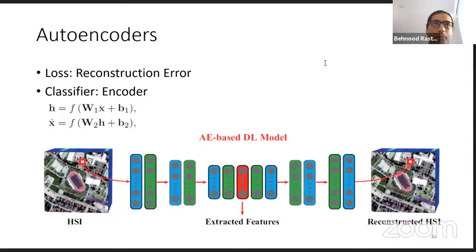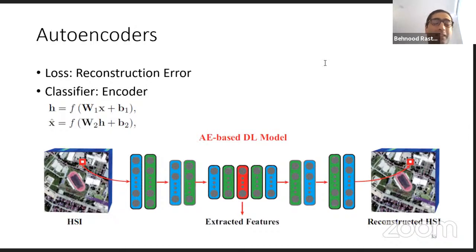For object-level classification, there are other types of CNN more appropriate than the simple CNN that we showed here. The CNN that we showed here is basically for pixel-wise classification.